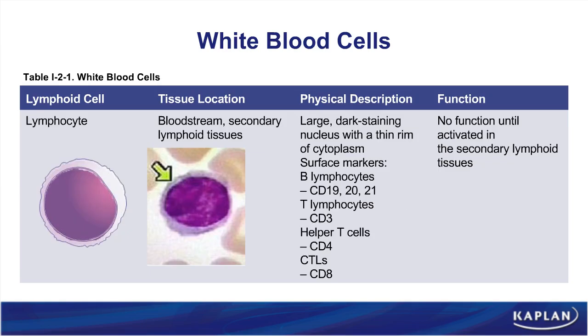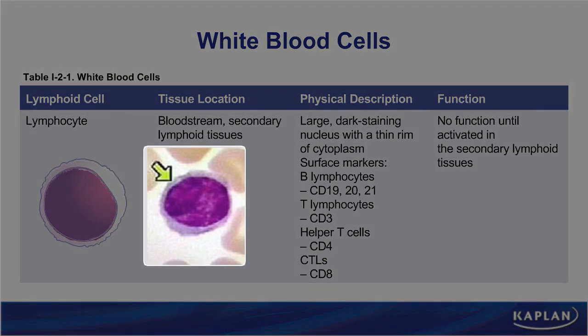Next on our list are going to be our lymphocytes. I do want to remind you that when you are looking at the proportion of lymphocytes, those include your B and T lymphocytes as well as your natural killer cells. If again you look at a blood smear, what are you looking for with a mature lymphocyte? You are going to see a very large, centrally located round nucleus, and surrounding that is a very thin halo or rim of cytoplasm.